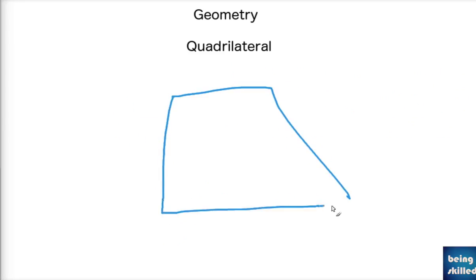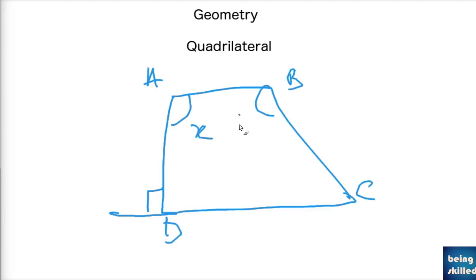Let's say we have this particular polygon or quadrilateral in which we are given that this is a right angle. They won't mention that this particular angle is also a right angle. So if we are given this angle and this angle, we have to find x. How will you calculate it? Just look out for this particular square box whenever you are given any figure and the angle is not mentioned.